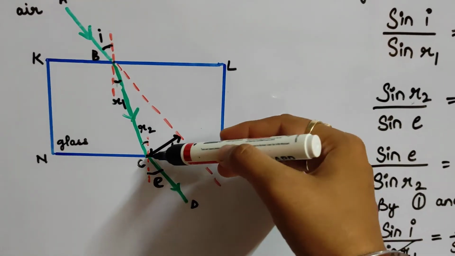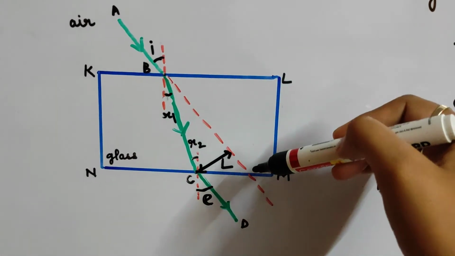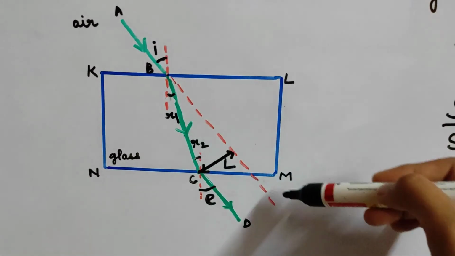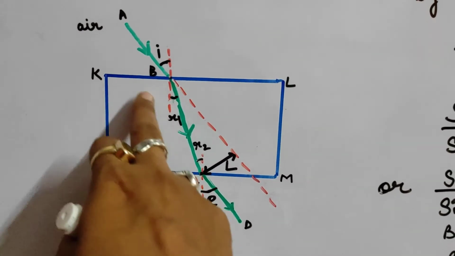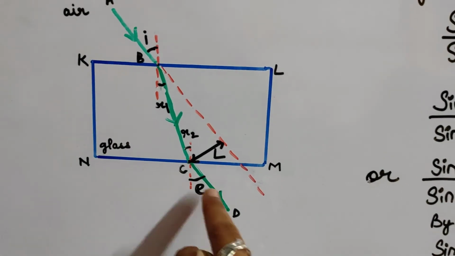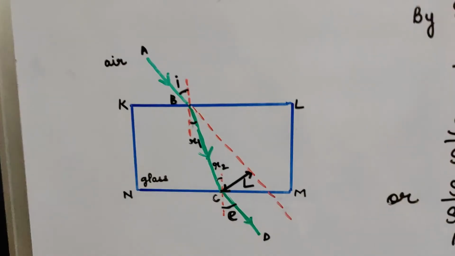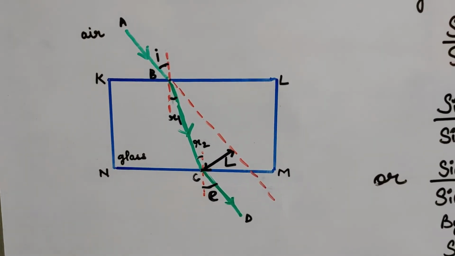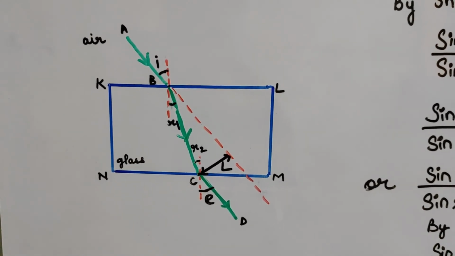The light emerges out in a direction parallel to the direction of incidence of light, which means that the net deviation suffered by the ray in two refractions is 0.